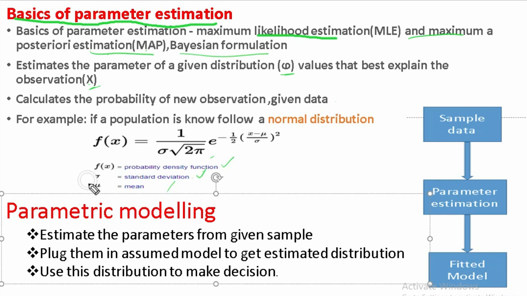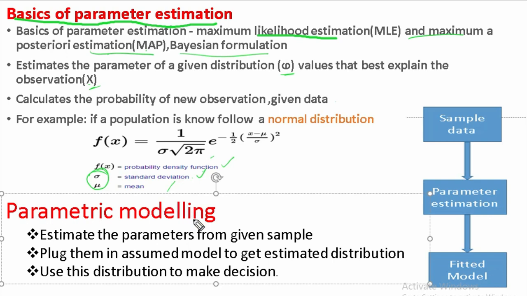For this equation, finding out mu and sigma is called parameter estimation, and these parameters will suit well to your model. Moreover, parametric estimation calculates the probability of new observation for a given data.